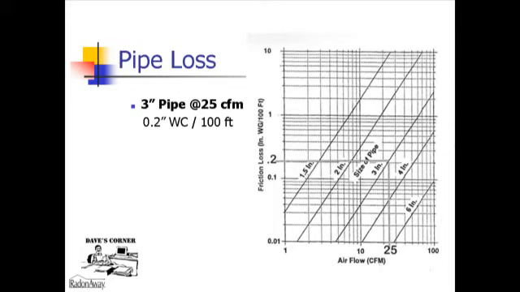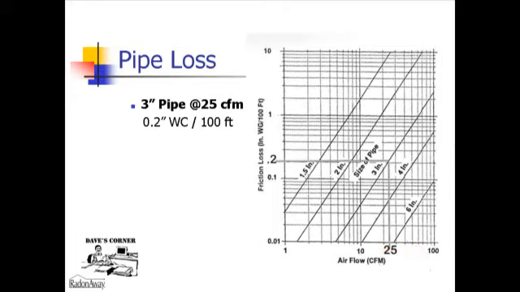Turning to our pressure loss chart, in this example, we're going to take a look at determining the pressure loss associated with 3-inch pipe at 25 cubic feet per minute. And so along the x-axis, we follow along to the point where we see 25 cubic feet per minute.